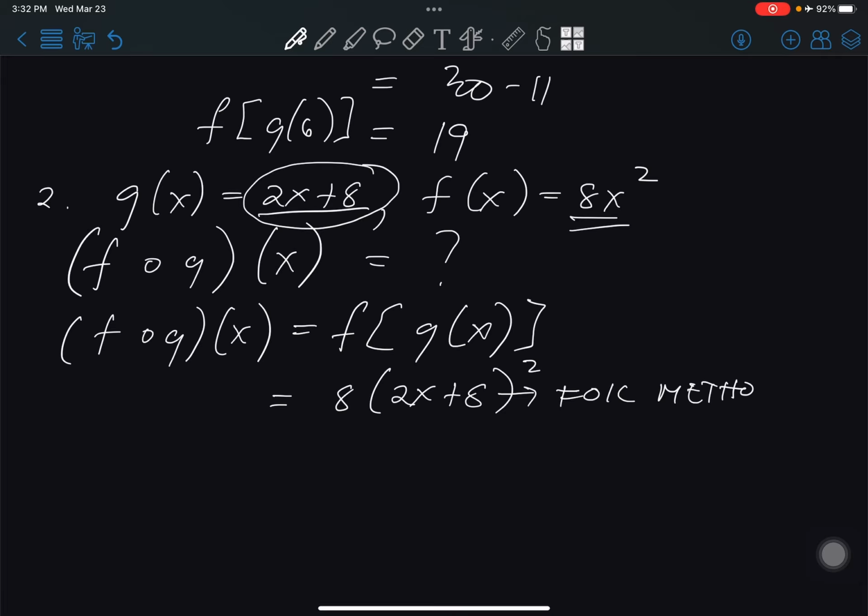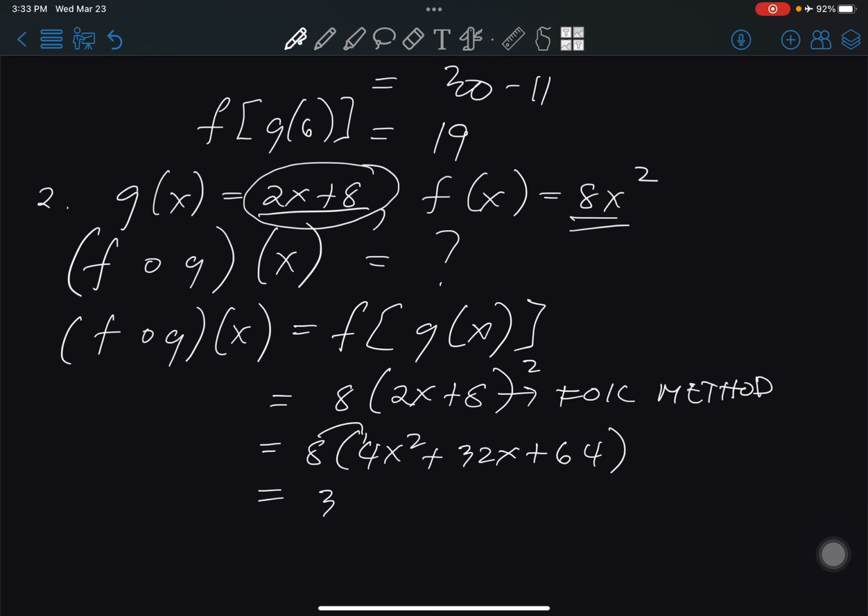Okay? So simplifying this further, we have now 8 multiplied by 4x squared plus 32x plus 64. Okay? So let us distribute 8 times 4.